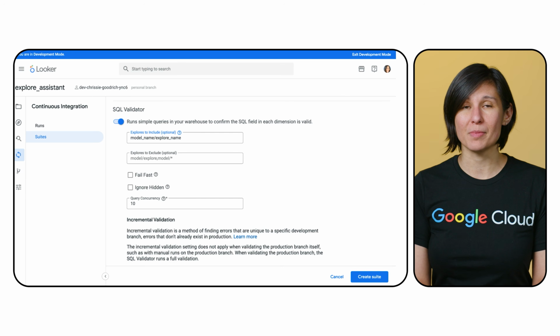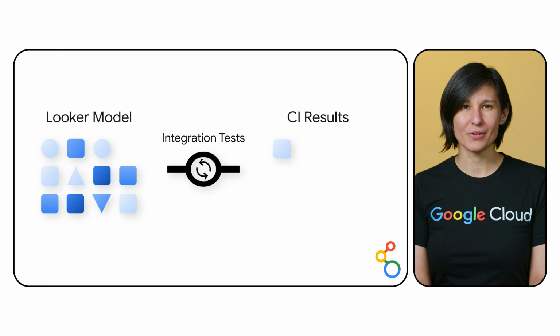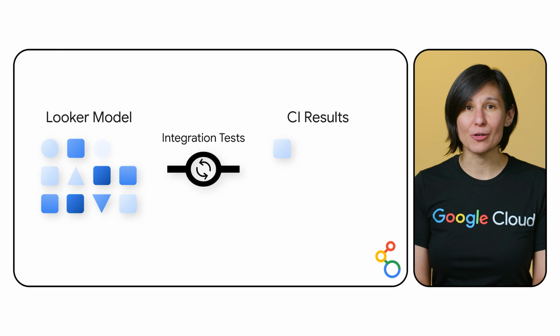With SQL Validator, the resource intensity increases because Looker must run queries against your dialect to verify the underlying SQL. To further optimize this workflow, we utilize the Failfast option. When the Failfast parameter is set to true, the SQL validator will terminate the execution immediately upon encountering its first error.